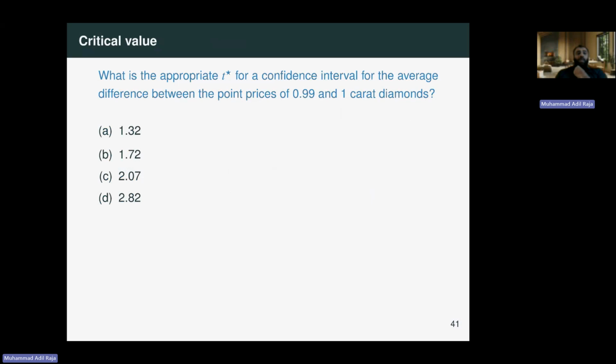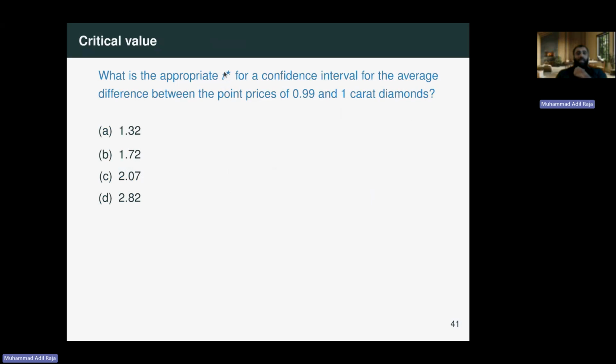So, critical value. What is the appropriate T star, which is basically the corresponding value for the T score, just like in a Z test the Z score is calculated using the standard Z score tables, and T star is calculated using standard T score tables?